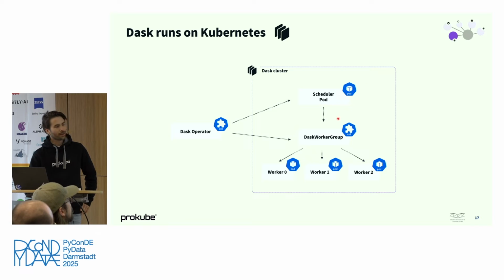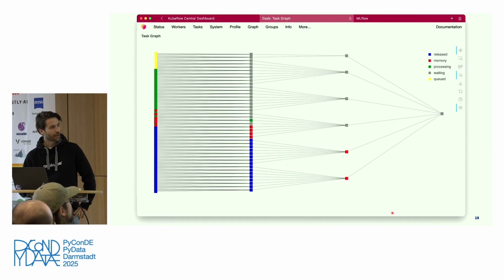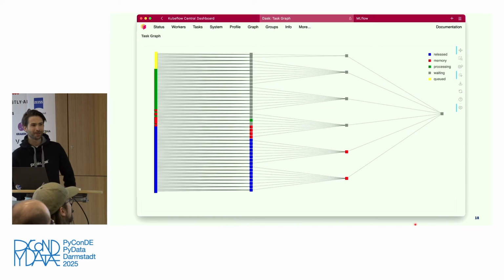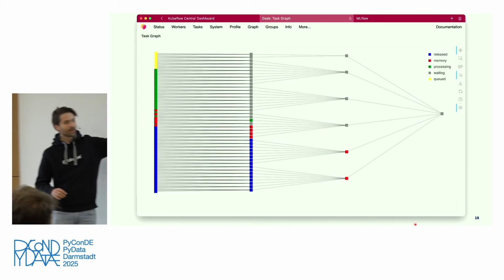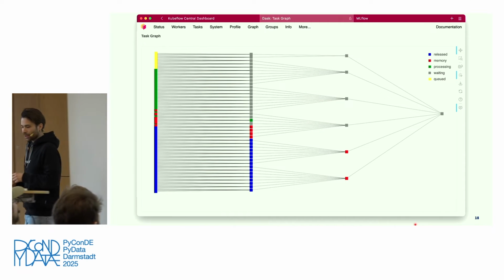And this thing also serves the Dask UI, which I really love to use because it really helped me a lot in debugging things. And in our use case, we managed to create this textbook map-reduce computational graph. So what you see here is all the colored dots are process tasks.